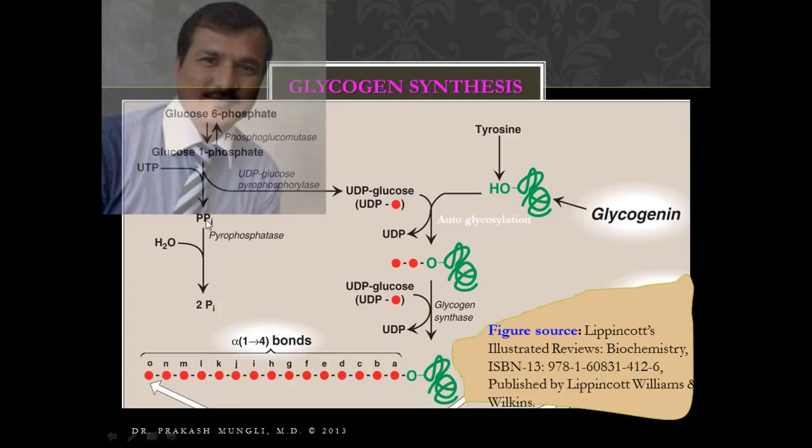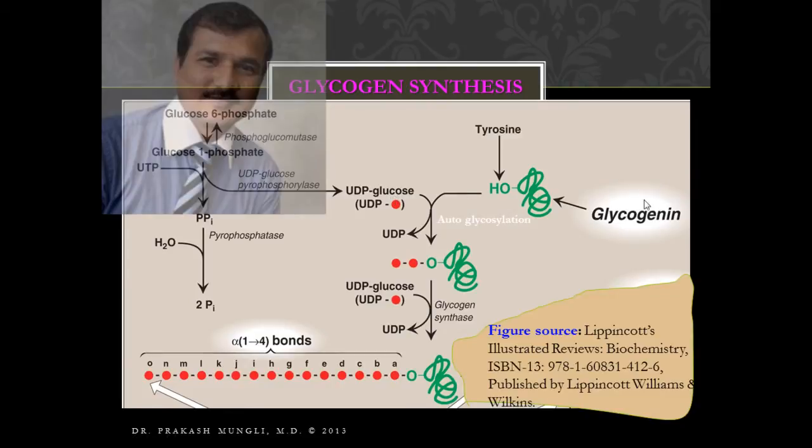Now inorganic pyrophosphate is broken down into 2 inorganic phosphate molecules by pyrophosphatase enzyme, and this is an exergonic reaction that releases energy, and that energy is used to combine UDP glucose with the glycogenin molecule.